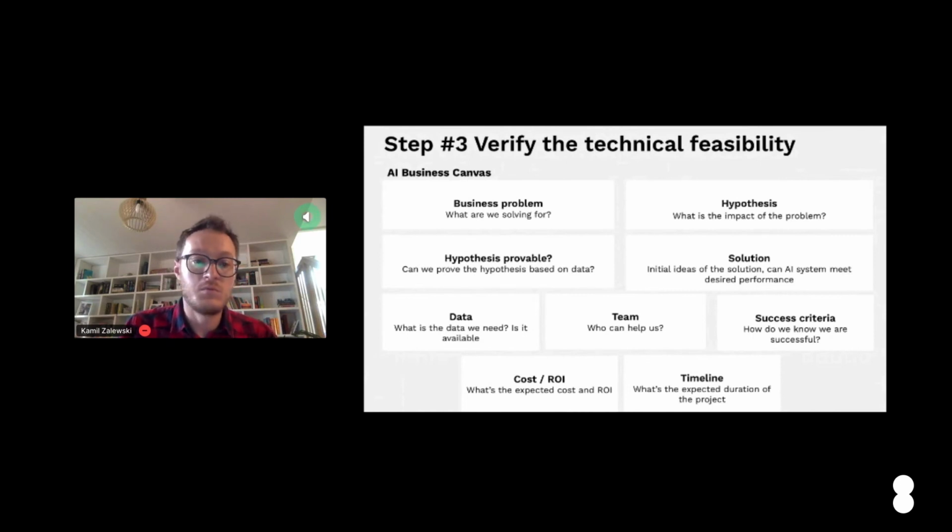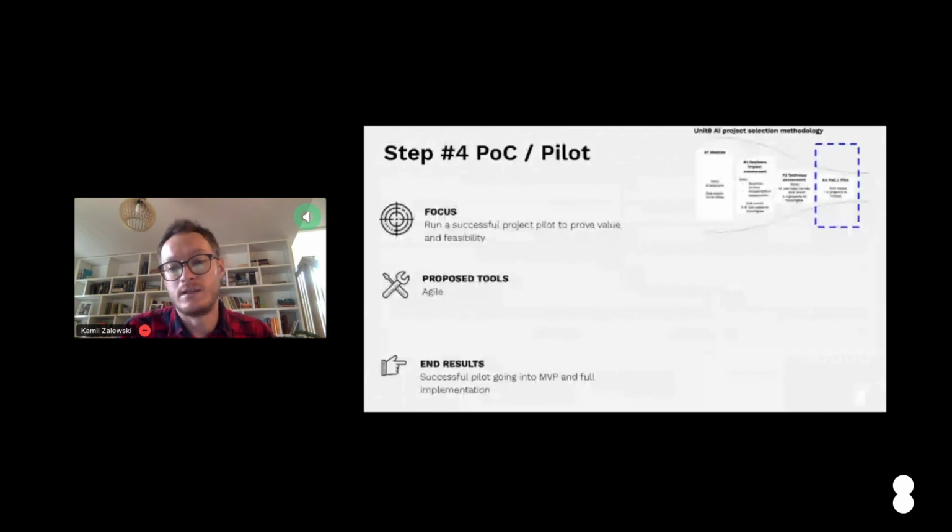So once we finish the AI canvas, we're basically down to 1, maybe 2, maybe 3 maximum projects that we want to go into the pilot stage. So in here, we're working to create a proof of concept to make sure, again, that before we invest a lot of money into a full-blown solution, we verify if it's really going to be delivering the value.